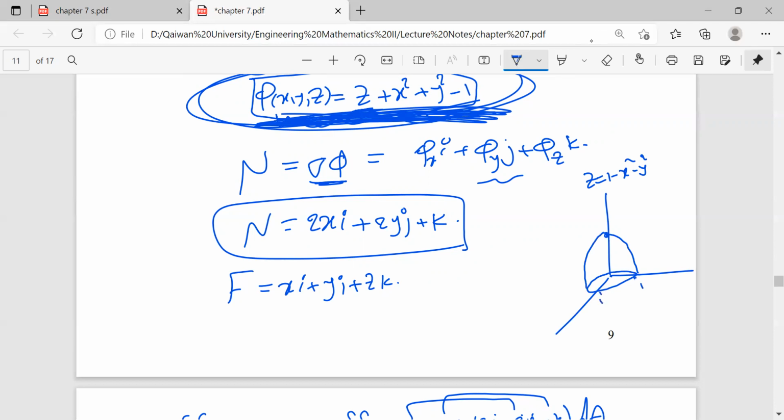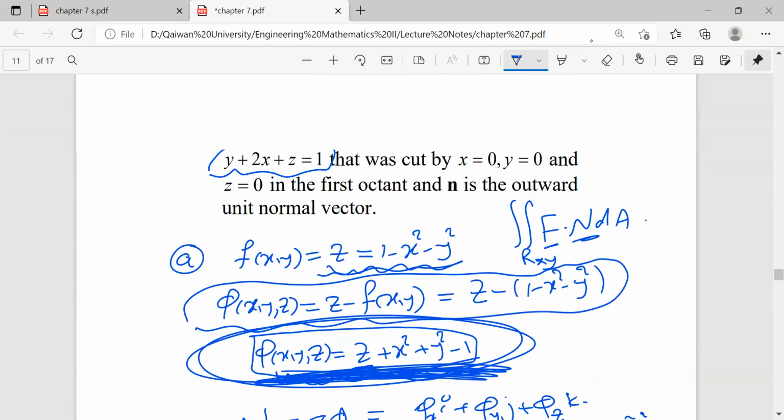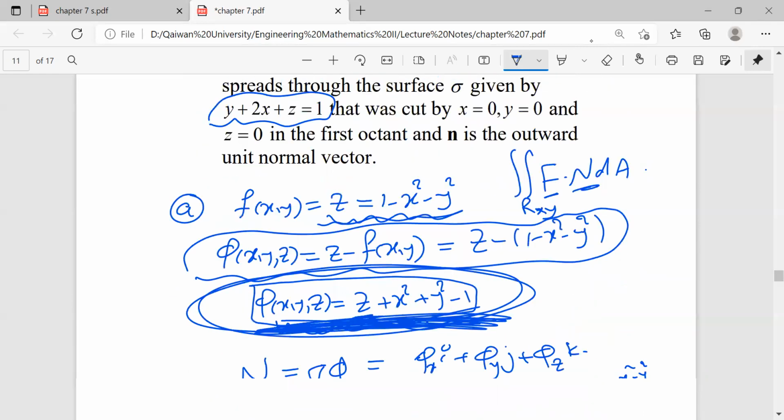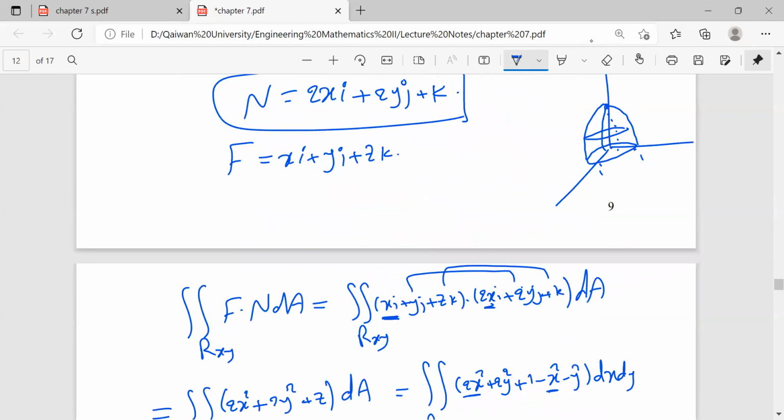This is one. This is an upside down paraboloid. It says above the xy plane. Look, this paraboloid is going down more and more, but it says above the xy plane. So it's from this circle to above.